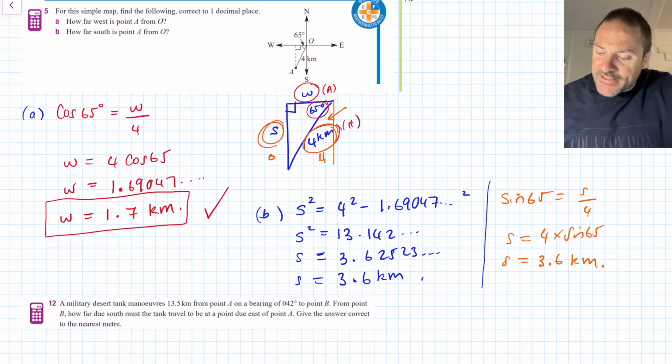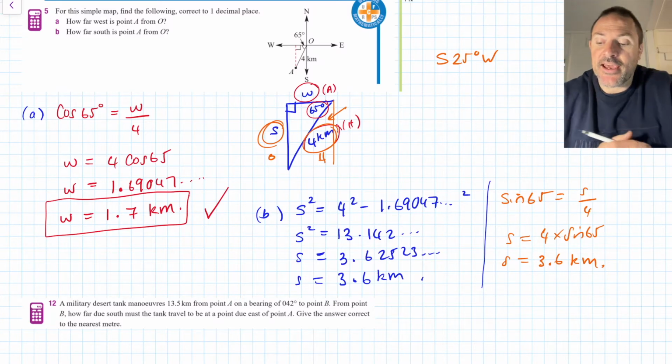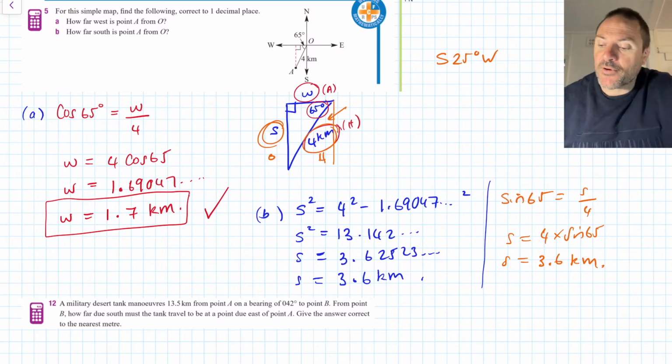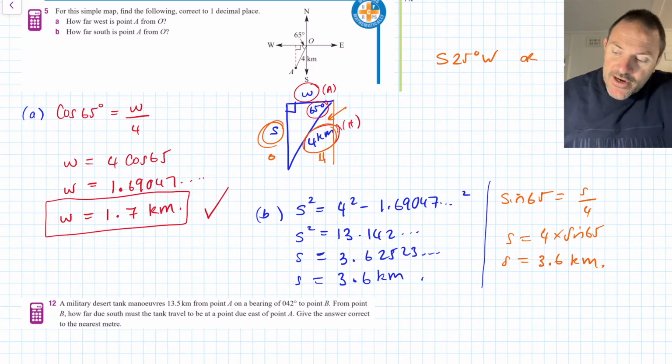So you'd be saying something like south 25 degrees west. That would be your compass bearing. Or you could say for a 3-figure bearing, a true north bearing, 180 plus the 25. So 180 plus 25 equals 205 degrees, capital T.